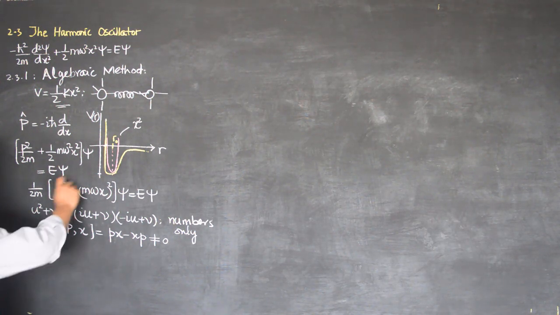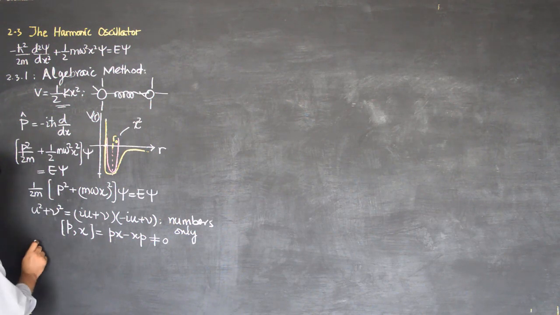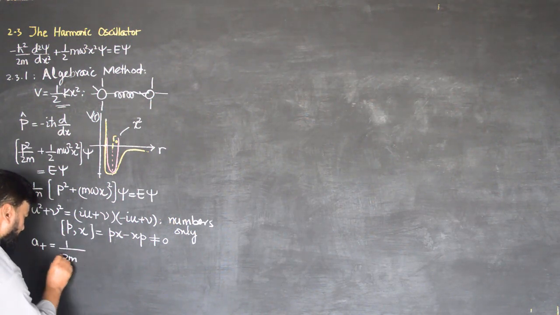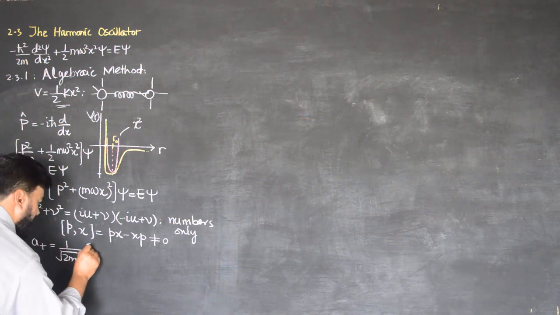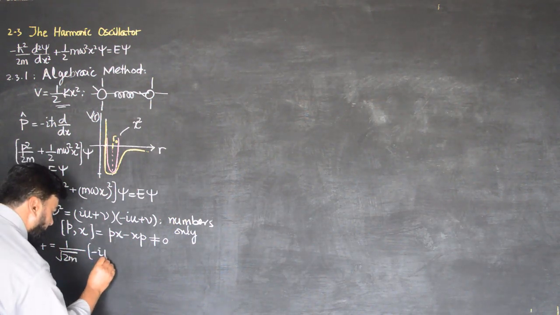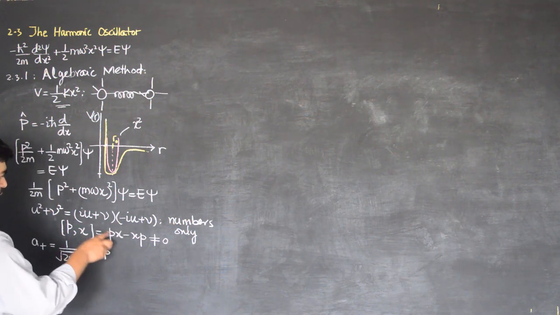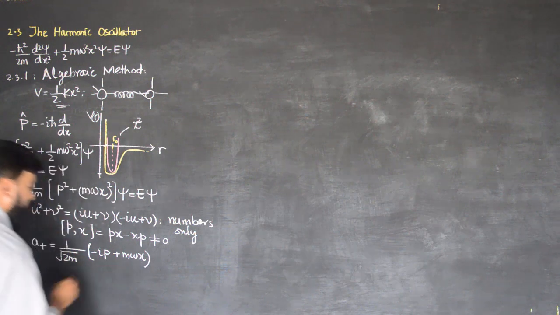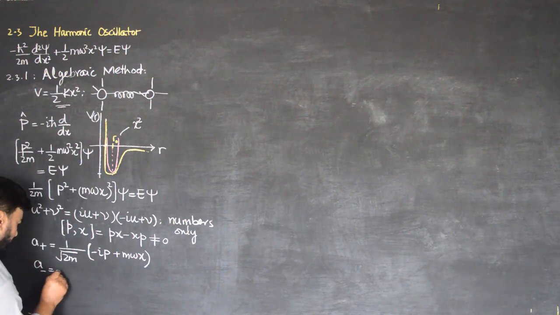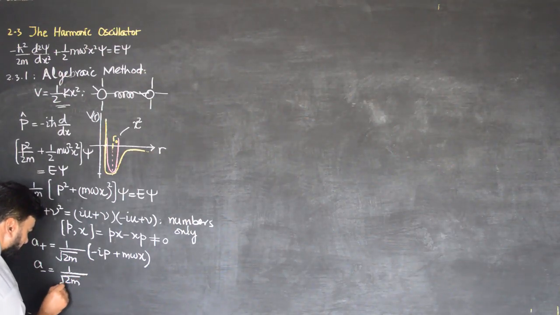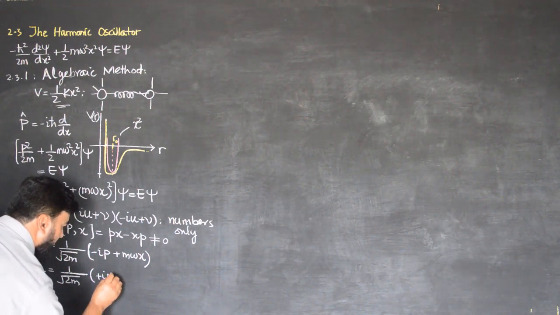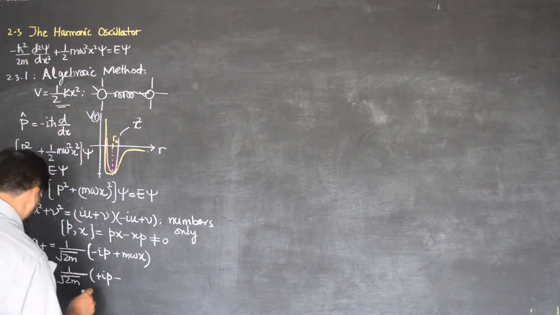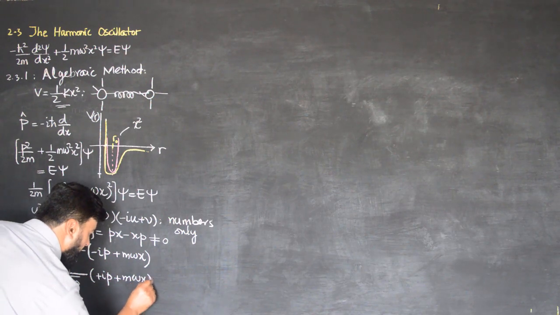So let's say for the plus symbol, I write that a plus is equal to 1 over root 2m, and here I write minus ip plus m omega x, and a minus I write 1 over root 2m, and plus ip plus m omega x.